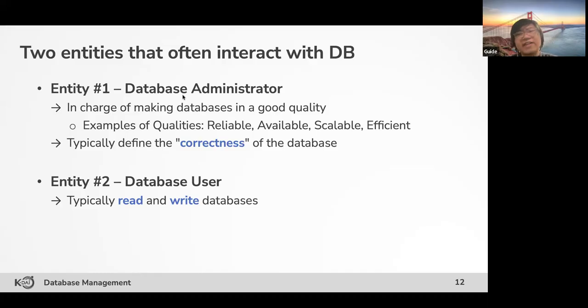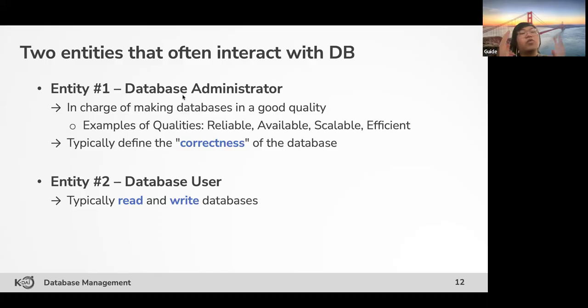Quality here could mean reliability, how reliable the database is, how available, how scalable, how efficient the database is, and most of the time, the administrators are the ones who define the correctness of the database. So if we have the definition of the correctness of the database, then we can check whether databases are correct or incorrect.